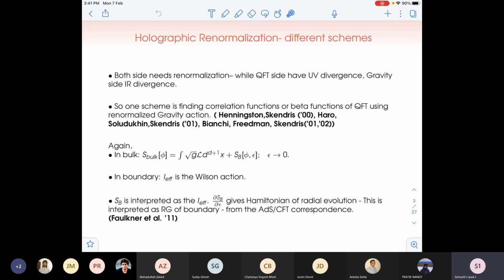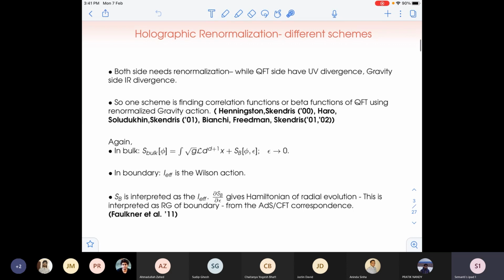They show how delta S_P changes with epsilon, which gives the Hamiltonian of radial evolution. So from the AdS/CFT correspondence, one can tell that this should be related to the RG of the boundary, because epsilon is like a variable of z, so it is related to scale, and S_B they are interpreting as I effective. So this is one important interpretation of the Wilsonian picture on both sides.